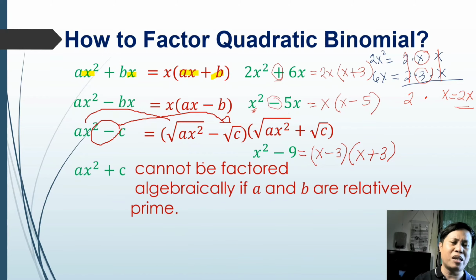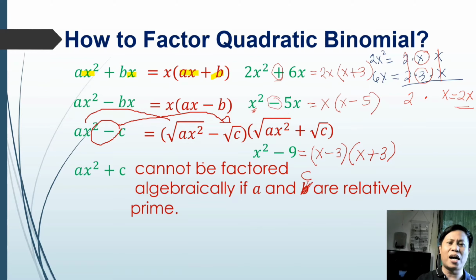Pag ganyan, hindi siya mapafactor algebraically if a and c. Erase natin ito, dapat ito ay c. Okay. So, cannot be factored algebraically if a and c are relatively prime.